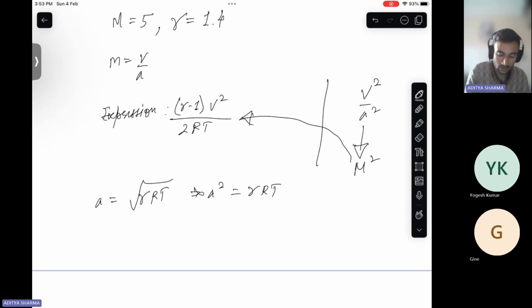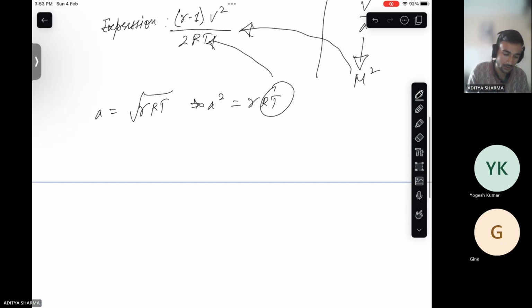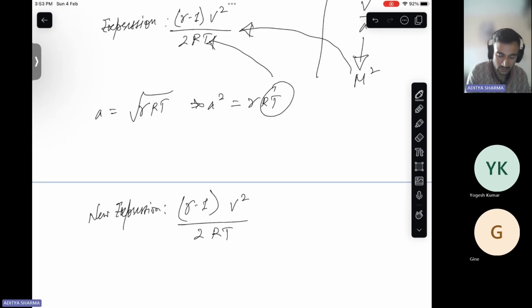Now RT we have here, we want gamma, so in the new expression, gamma minus 1 V square, we'll keep it like this only. We will multiply the numerator by gamma and the denominator by gamma.